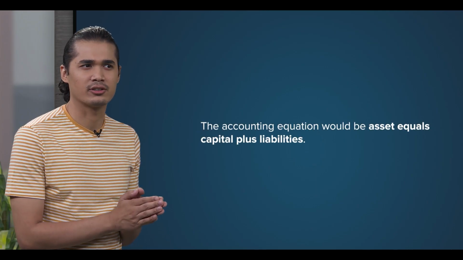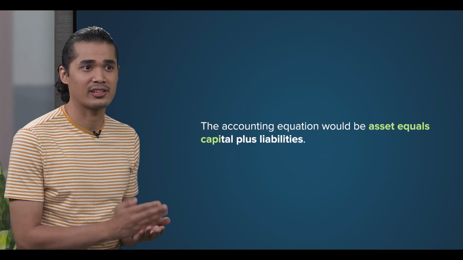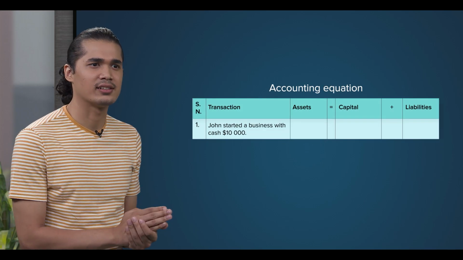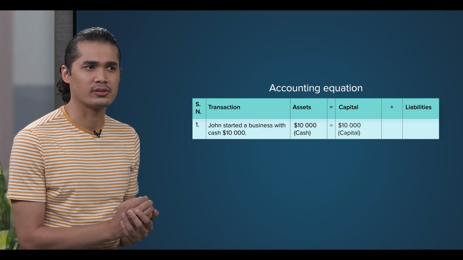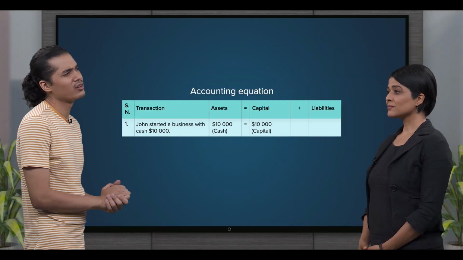Correct again. So, can you show this as an accounting equation? Sure. The accounting equation for that would be asset equals capital plus liabilities. Here the total assets is equal to $10,000 and the capital equals $10,000 too.